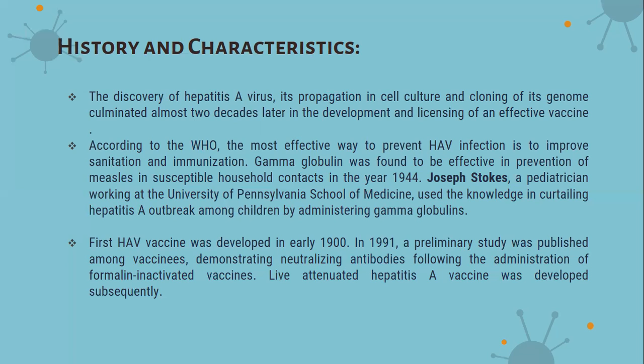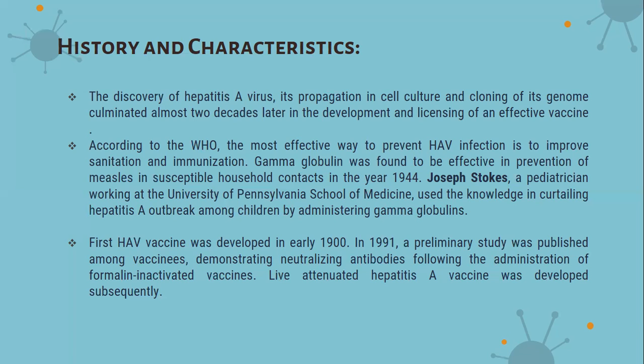Gamma globulin was found to be effective in prevention of measles in susceptible household contacts in the year 1944. So they discovered that gamma globulin is effective in the prevention of measles.